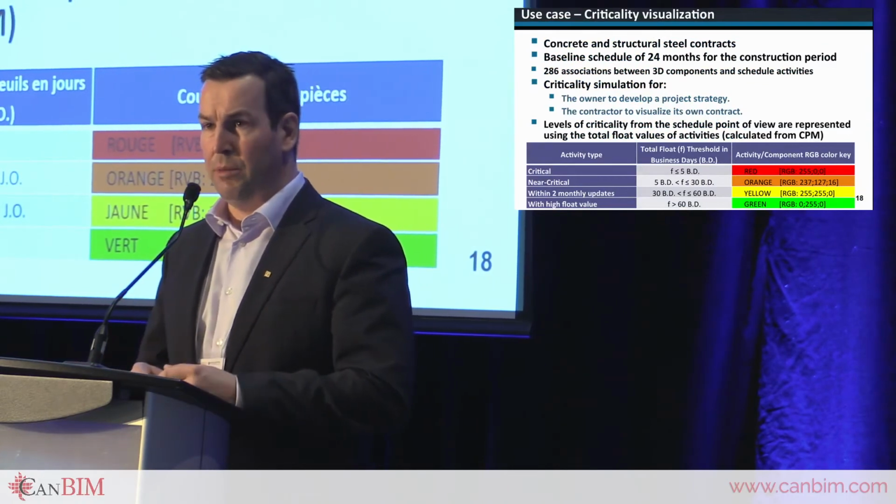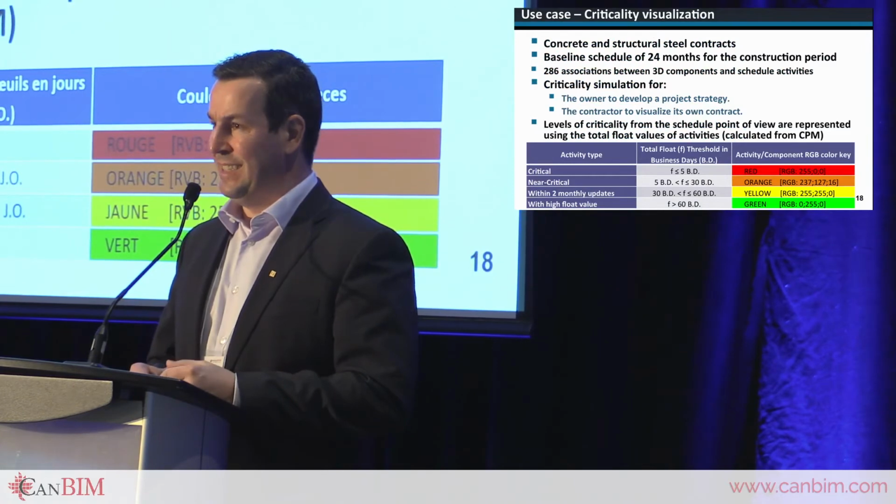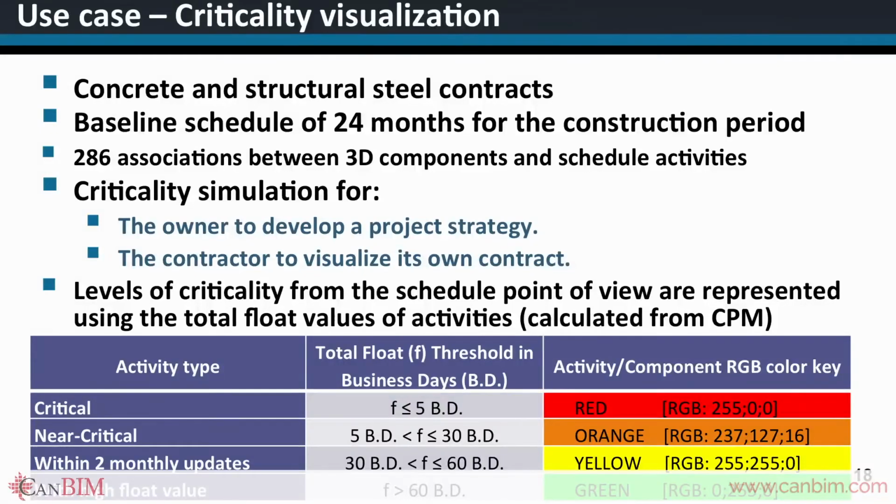So if I continue, I'd like to show you something else that we developed. We wanted to look at criticality. Here's an example, the concrete and steel superstructure contract. Our benchmark schedule was 24 months for construction.